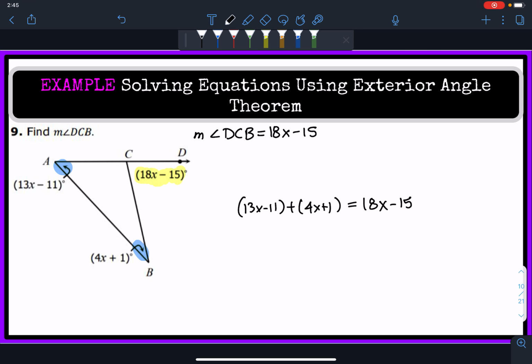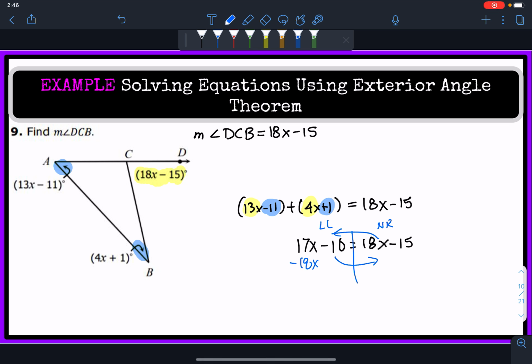So combining like terms, we end up with 17x. Combining the constants, minus 10 is equal to 18x minus 15. And then using our little acronym, variables to the left, numbers to the right, we would move the 18x to the left side, making it negative.